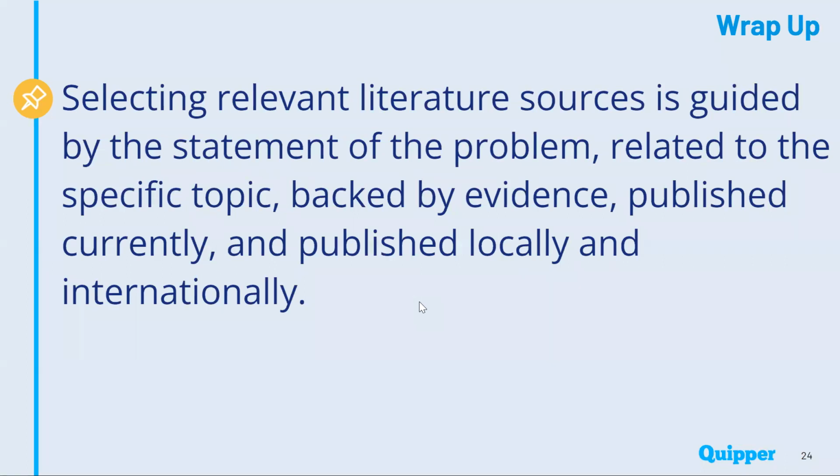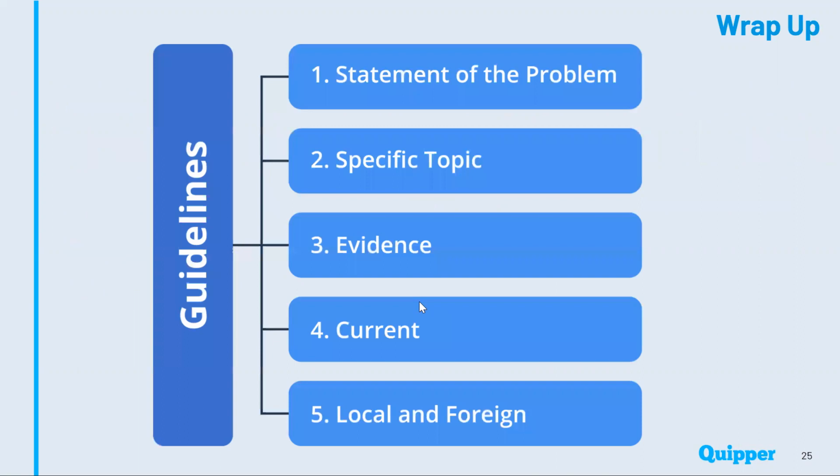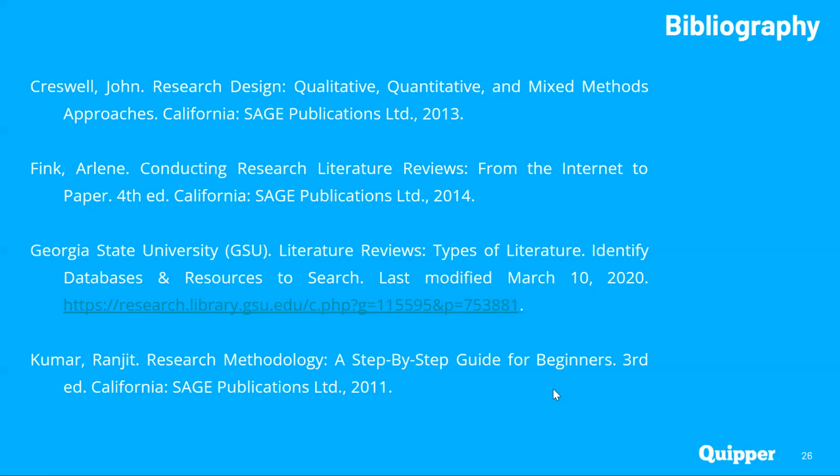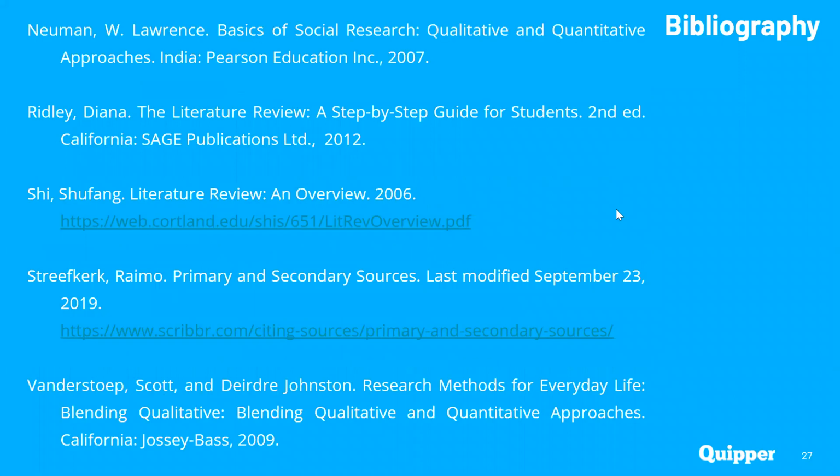Selecting relevant literature sources is guided by the statement of the problem. So related to the specific topic, backed by evidence, published currently, and published locally and internationally. So guidelines: statement of the problem, specific topic, evidence, current and local and foreign. Okay, so do we have any question regarding the sources of data?